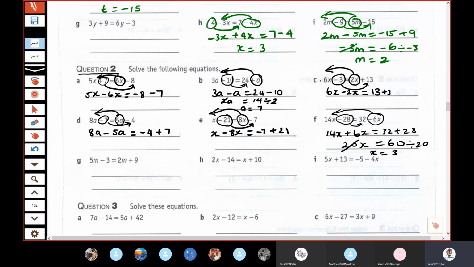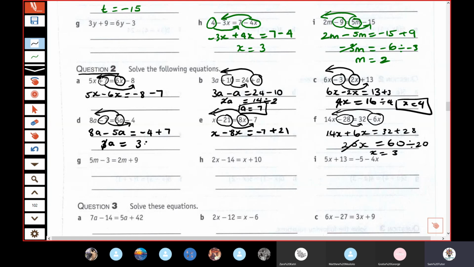All right, let me finish off a few and then you guys can tell me what you got. 6 take away 2 is 4x equals 16, and then divide them both by 4, x equals 4. That's the answer there. This one, 8a take away 5a is 3a. Negative 4 plus 7 is 3.